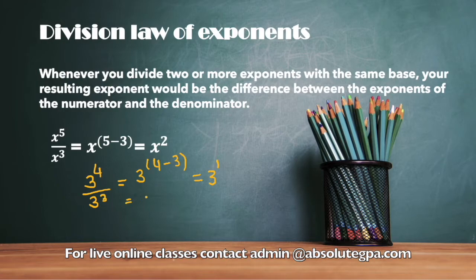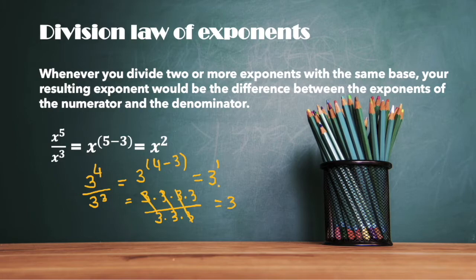So how can we write 3 to the power 4? 3 times 3 times 3 times 3 divided by 3 to the power 3, which is 3 times 3 times 3. And we have these common factors. We cancel that out. We get the answer 3. So that is, 3 to the power 1 is 3.